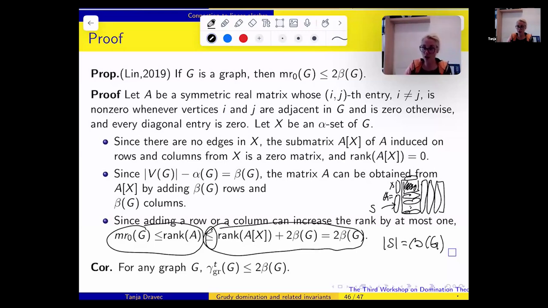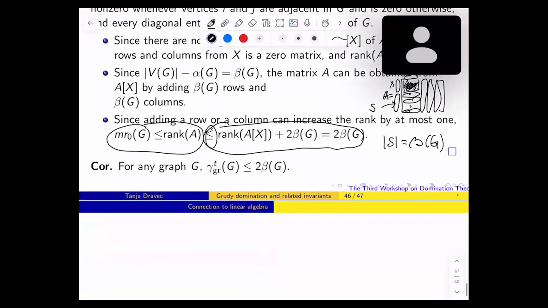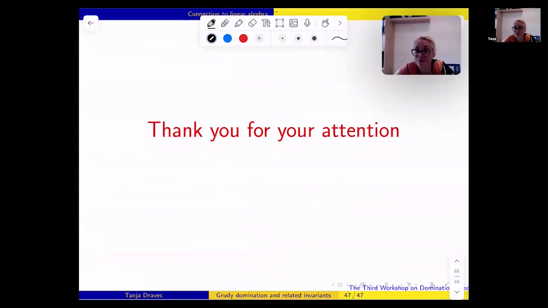So the rank of A is at most the rank of this small zero submatrix, which is 0, plus 2 times the vertex cover number. So I get that the zero minimum rank is at most 2 times the vertex cover number. Okay, so it is a very easy way to prove this bound on the Grundy total domination number, bounded by 2 times the vertex cover number. Okay, that's all from me.